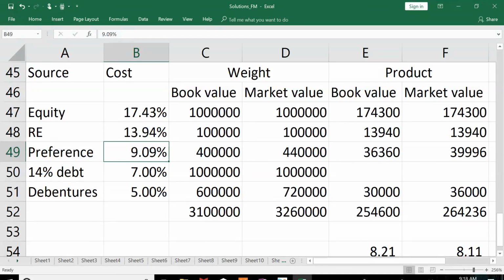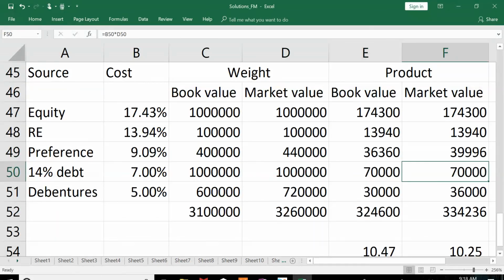If they don't give any additional information, it's just interest rate into 1 minus tax rate. How much? 7%. Any doubts in this?